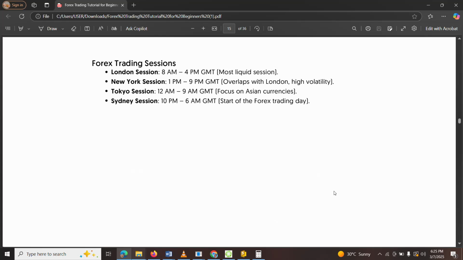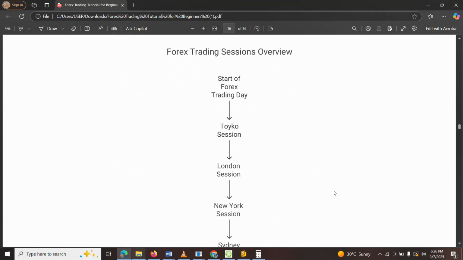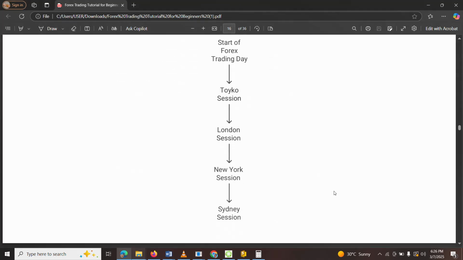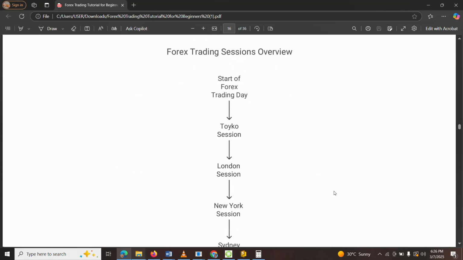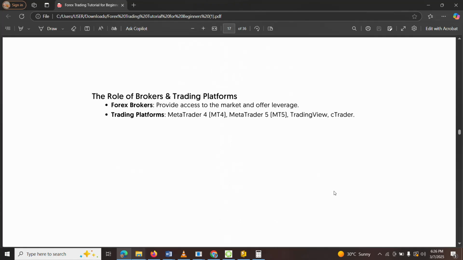That is the start of the forex trading day. Then we have that as an illustration, how it goes from Tokyo, London, New York, then Sydney.